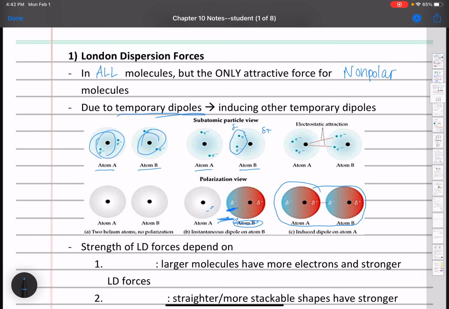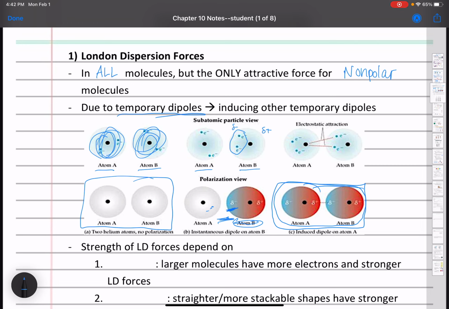Okay, so even in nonpolar atoms that don't have dipoles, their electrons are always moving. They're flying around in that electron cloud. And so it's very reasonable, probable, and actual that occasionally, for a split second here and there, the electrons are localized to one side, which causes it to become polar for a second, and that pole induces poles in neighboring atoms or molecules.